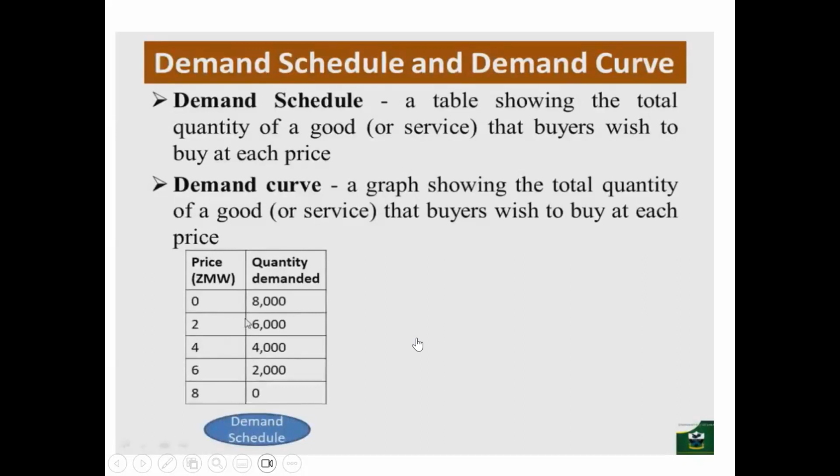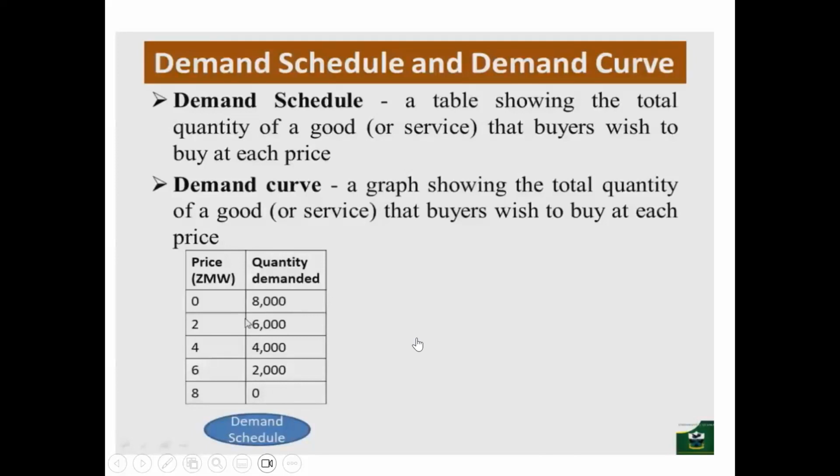So when the price is 0, the consumer would want to get 8,000 units. And for the increase in price to 2, the consumer reduces the quantities purchased to 6,000. An increase in price further to 4 leads the consumer to reducing the quantity demanded to 4,000. And if the prices continue to rise, the quantity demanded will continue to fall.